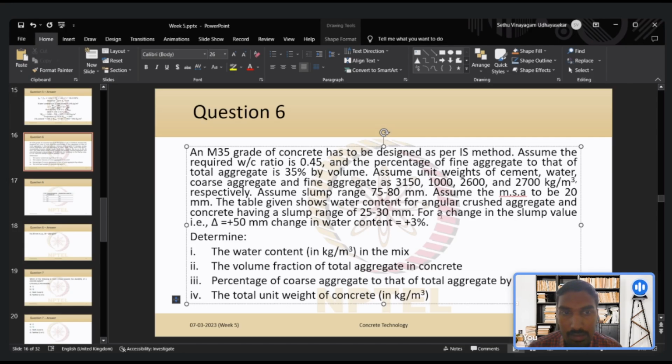And how do we adjust that? It tells us that for every 50 mm increase in slump, we need to increase the water content by 3%. Our slump requirement is 50 mm higher than the given one, since 25 to 30 becomes 75 to 80. So we need to increase the water content by 3%.